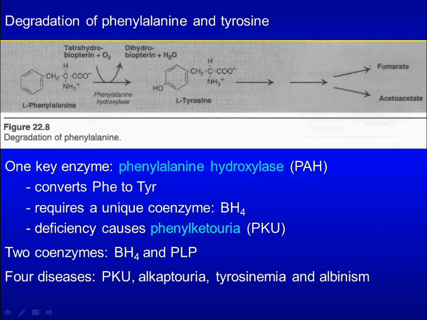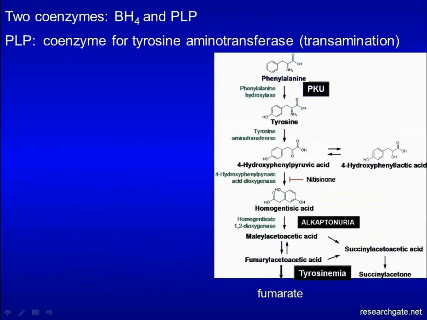4 diseases associated with this pathway are PKU, alkaptonuria, tyrosinemia, and albinism. PLP is a coenzyme for tyrosine aminotransferase that catalyzes transamination in the second step.